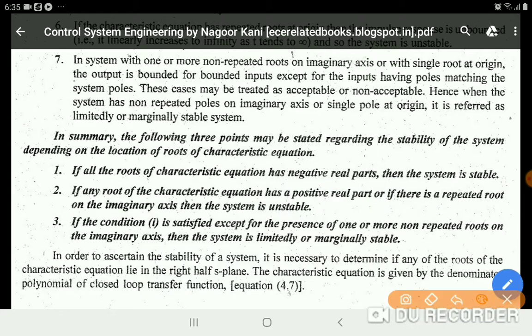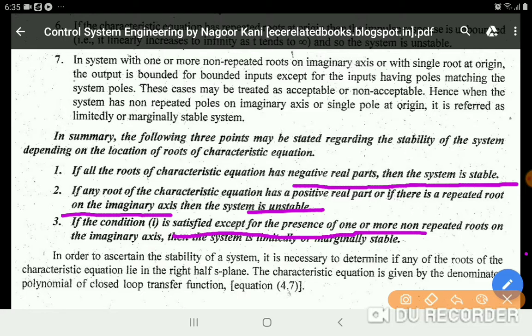If the characteristic equation has roots with positive real part or repeated roots on the imaginary axis, then the system is unstable. Then third point, if the condition is satisfied except for the presence of one or more non-repeated roots on the imaginary axis, then the system is limitedly or marginally stable.